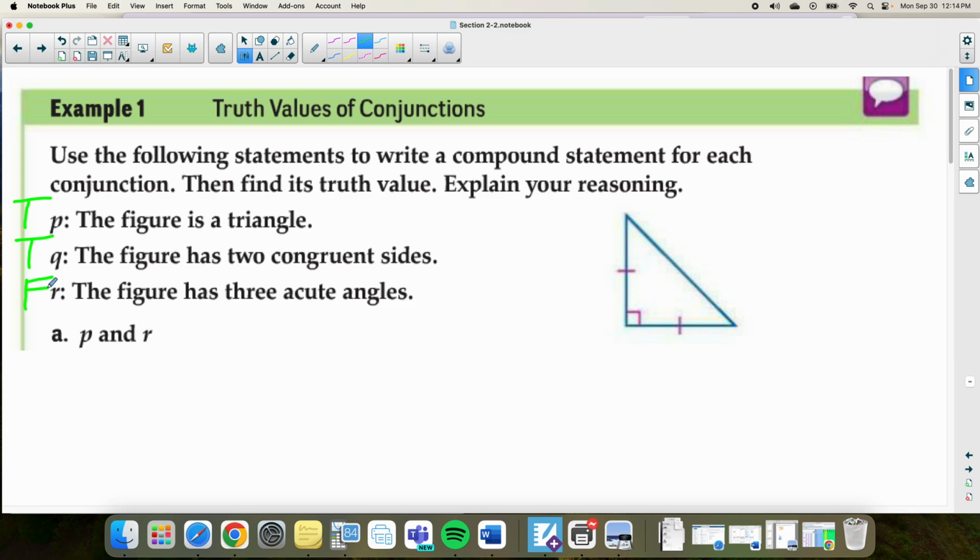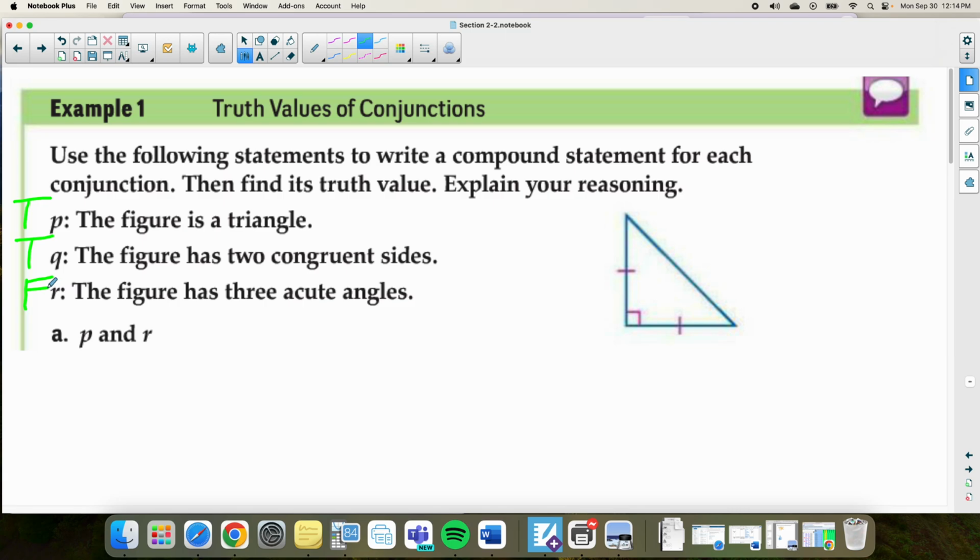Now, what they ask you to do is to write out the statement P and R. You're going to be like, why am I doing this? This is foolish, because you're going to write out P, put the word and, and write out R. That's what we're asked to do with this.